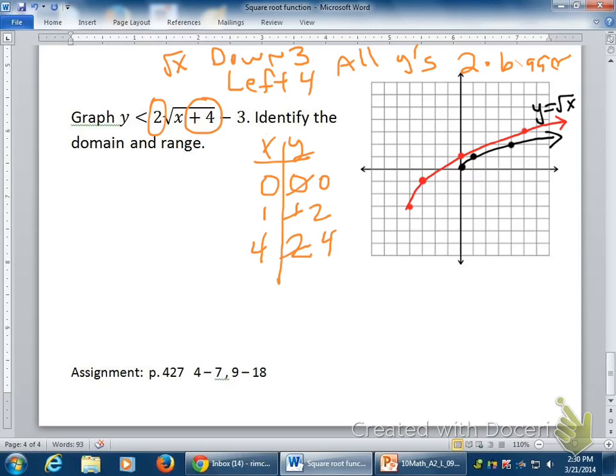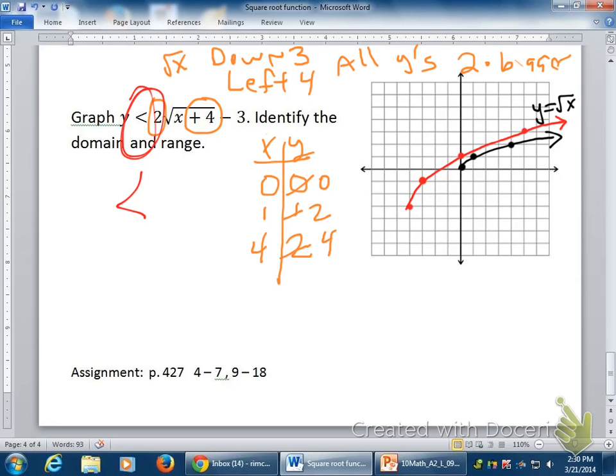All right. So that is my y equals, all that stuff. Actually, I'm not even going to put that there, because this isn't an equals problem, is it? This was an inequality. Now I can talk about that inequality. What does the inequality mean for me to do? Look at this sign right here, a less than sign.